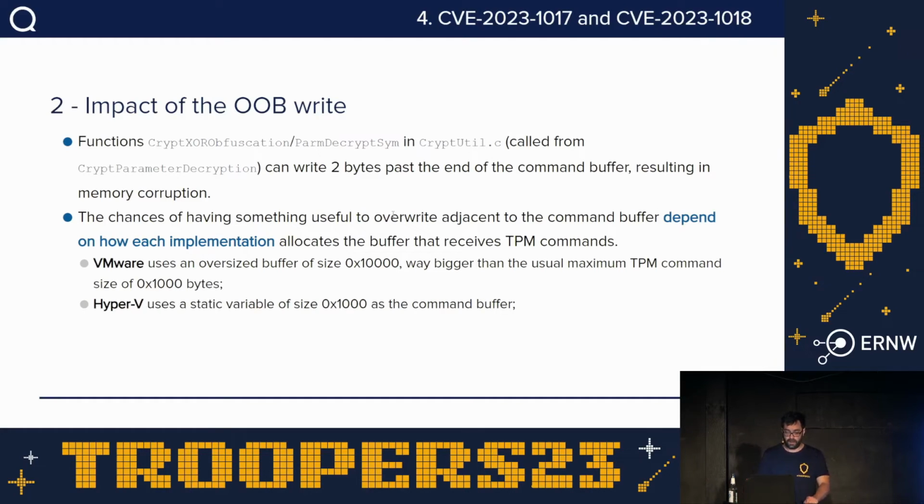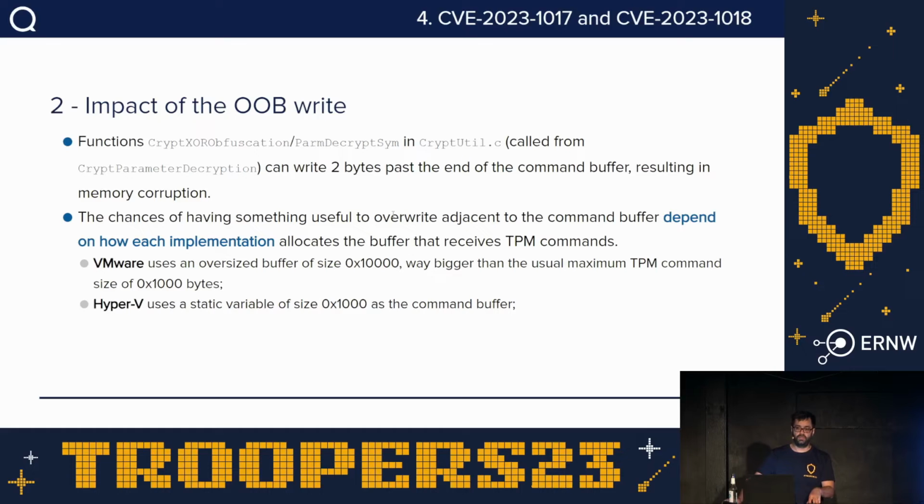In the case of Hyper-V, they use a static variable for the command buffer. Its size is 1,000. And here, there is something interesting in that for a long time, there has been some kind of exploit mitigation that is added by some compilers, which is called variable reordering.